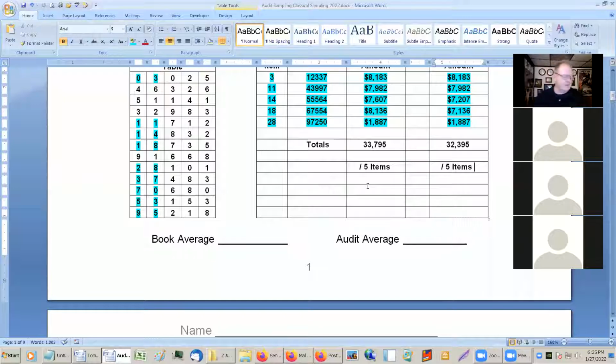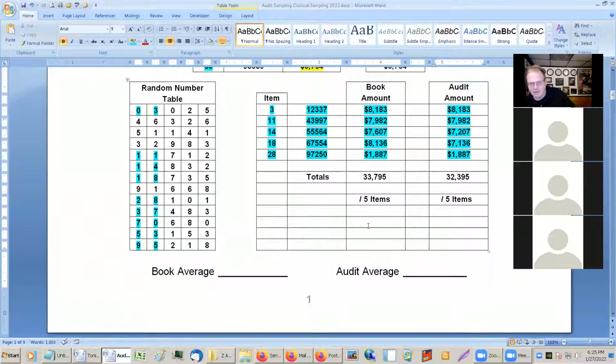All right, let's go back to this. Okay, so I didn't do this. So this would be our audit average, which would be 64.